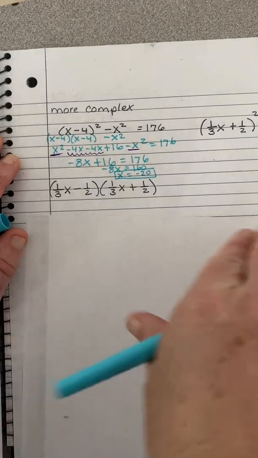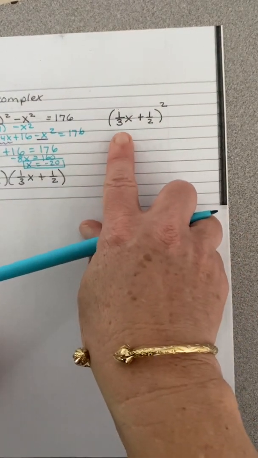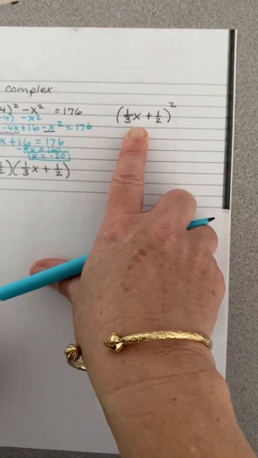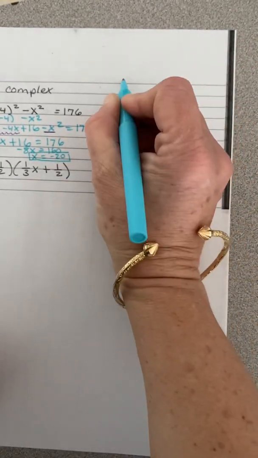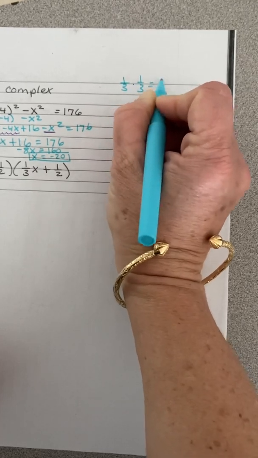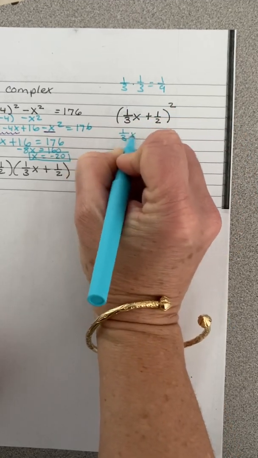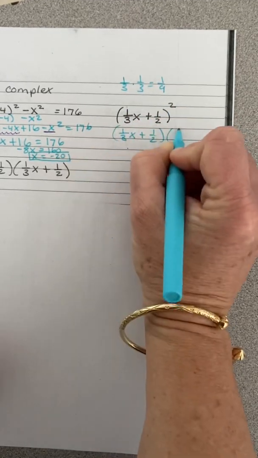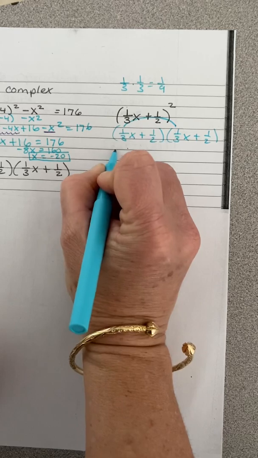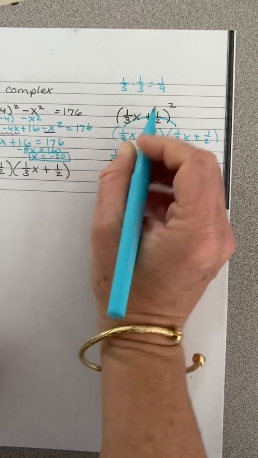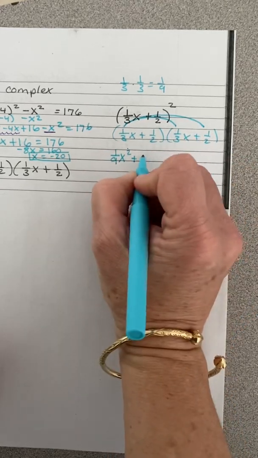Okay, so now let's look over here. I wanted to put some fractions in because I thought, gosh, when you guys see fractions, you're going to be a little confused on the homework. Same exact thing. All right, 1/3 squared. That means 1/3 times 1/3, which is 1/9. Okay, so I'm going to write down 1/3 x plus 1/2 times 1/3 x plus 1/2. 1/3 times 1/3 is 1/9 x squared. 1/3 times 1/2 is 1/6.